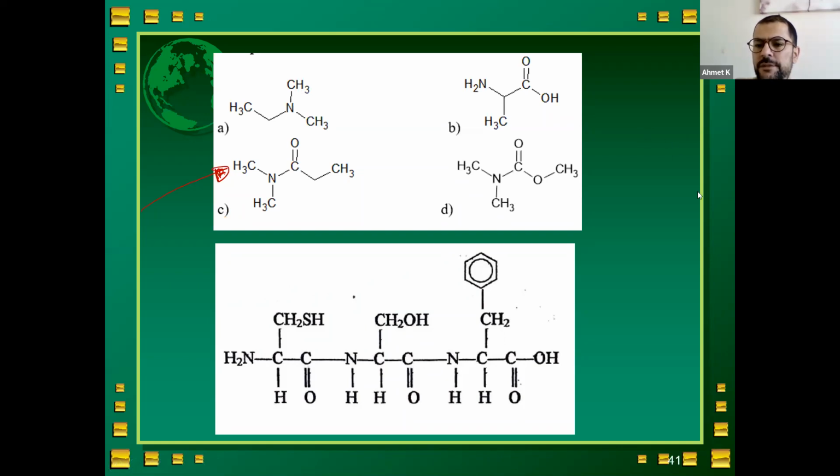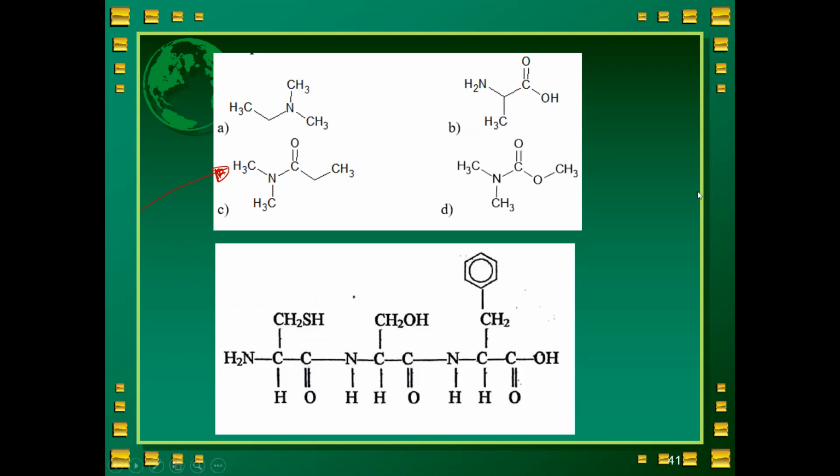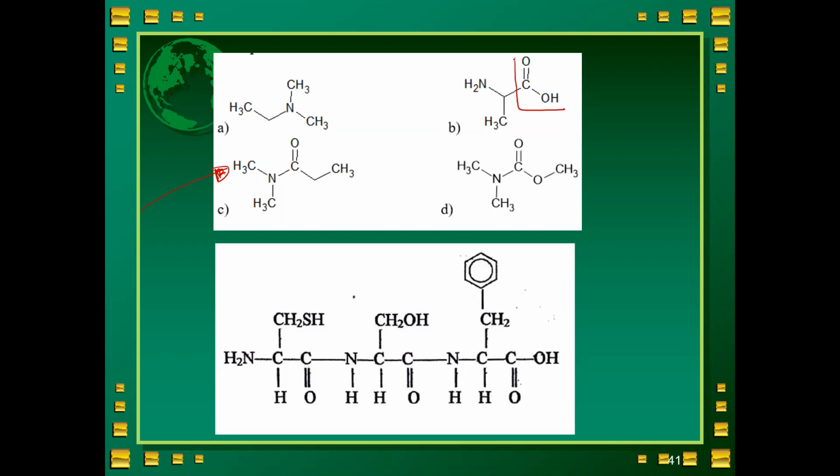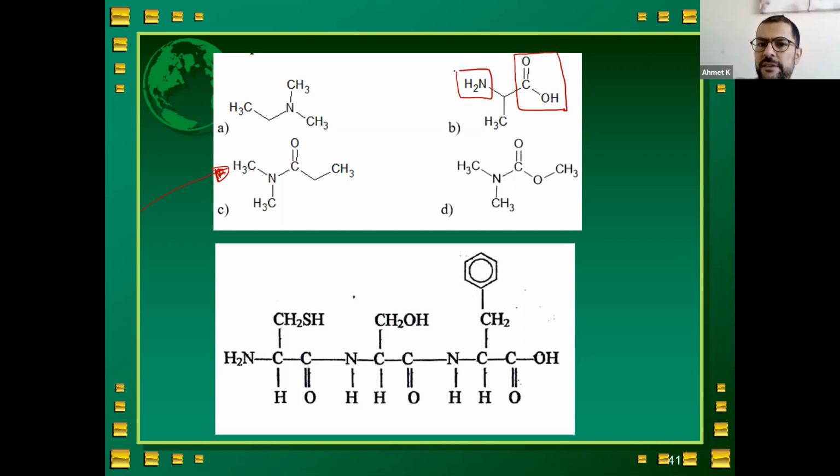Why is it B? Tim? Because I see the carboxylic acid on the right side. Yep. Okay. And it has a carboxylic acid, but that's not the only reason. What else? And you have the amine on the other side. Yeah, so you have the amine here, and they are attached to the same carbon, as you can see. So therefore, this is my amino acid.